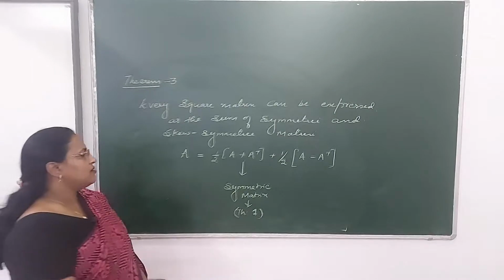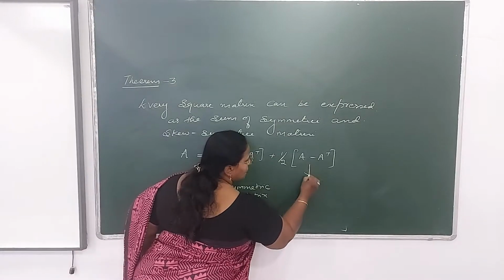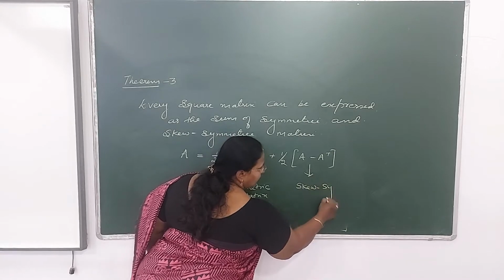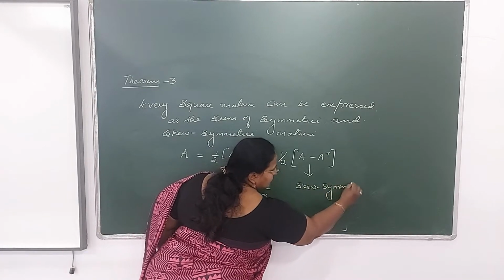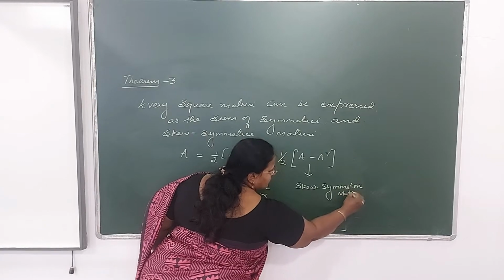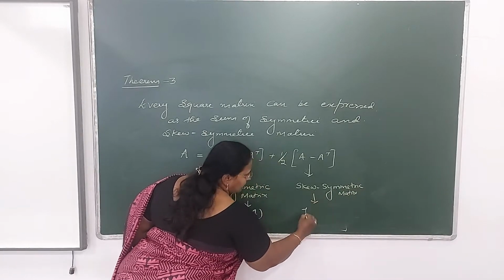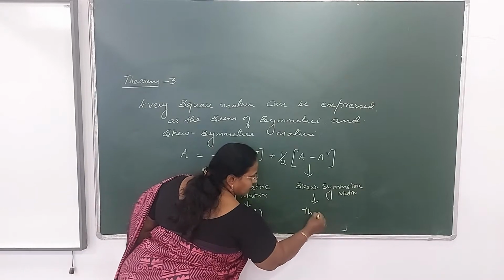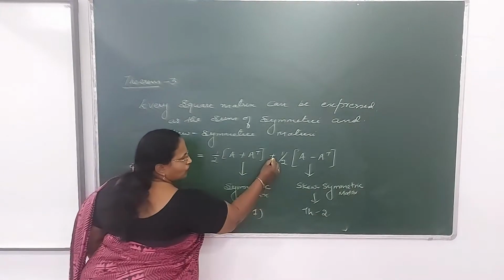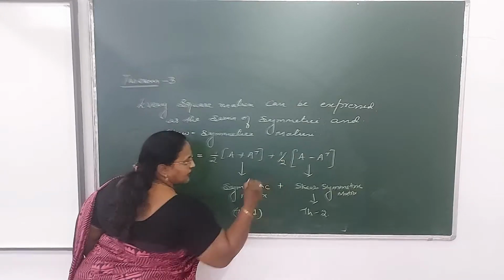The second theorem states that A minus A transpose is always a skew symmetric matrix. So this is a skew symmetric matrix, by the second theorem. In between the two, what is the sign here? Plus sign.